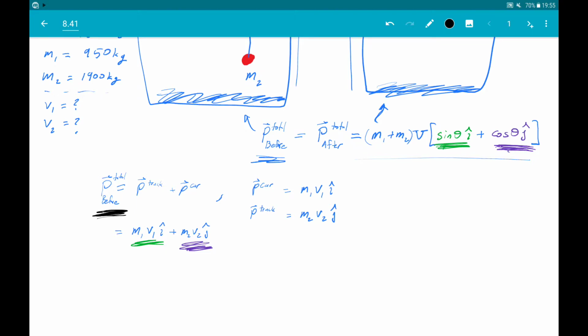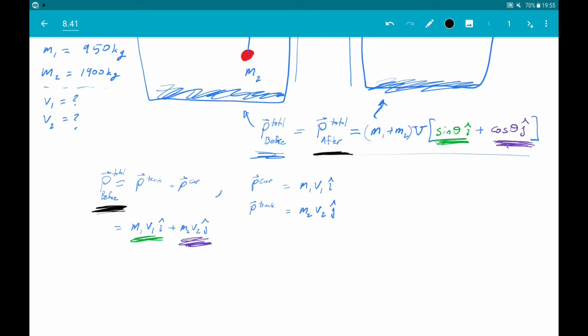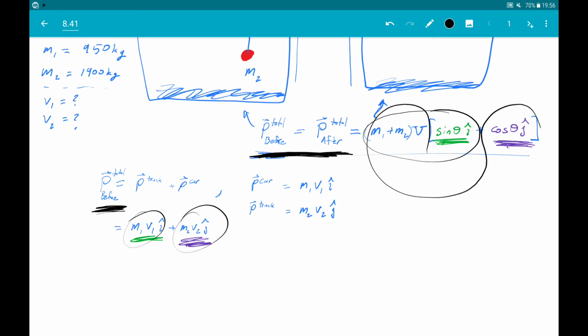It's true that P total before is equal to P total after. So if this is true, then the x components have to match. And then the y components will have to match.